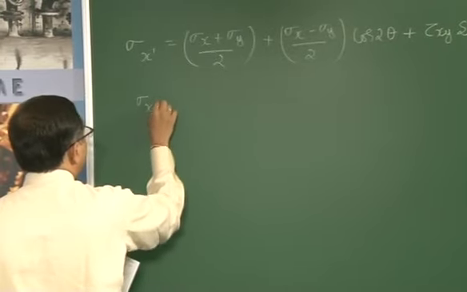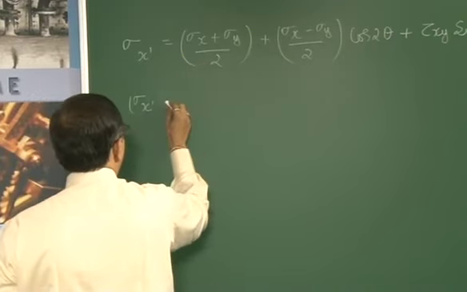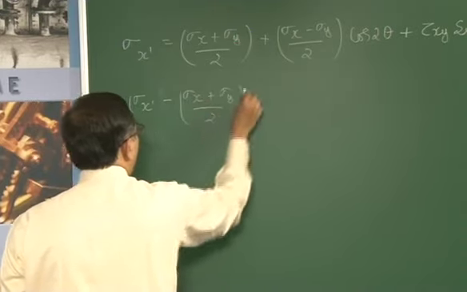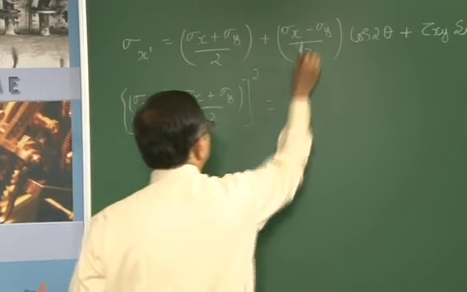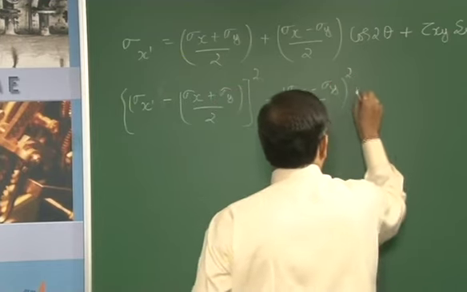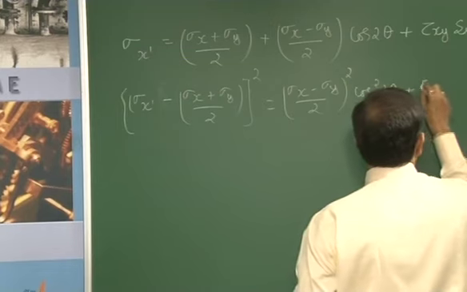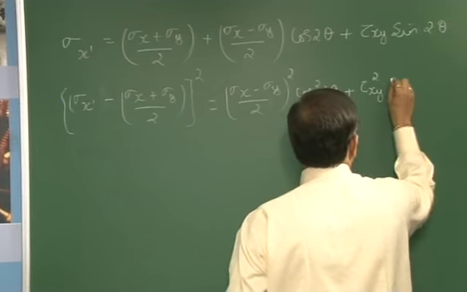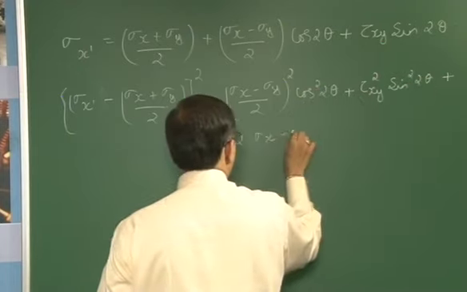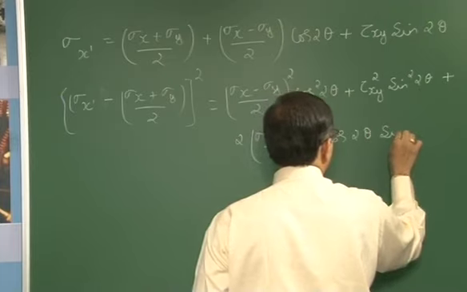So we would have sigma x dash minus sigma x plus sigma y by 2, whole squared, equals sigma x minus sigma y by 2 squared cos square 2 theta, plus tau xy square sin square 2 theta, plus 2 into sigma x minus sigma y by 2 into tau xy cos 2 theta sin 2 theta.